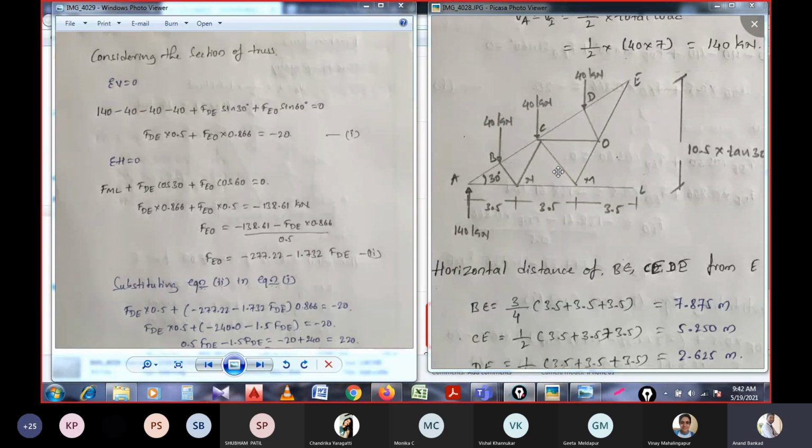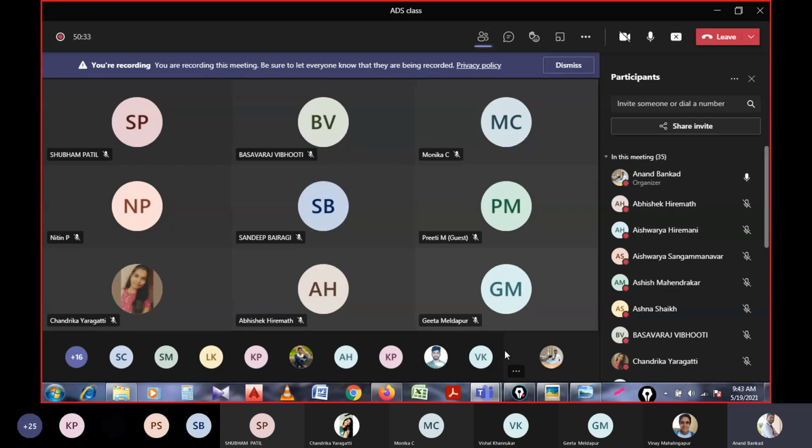Vinayak? Yes. Chandrika, is that clear what we have taken for vertical forces? Yes, sir.